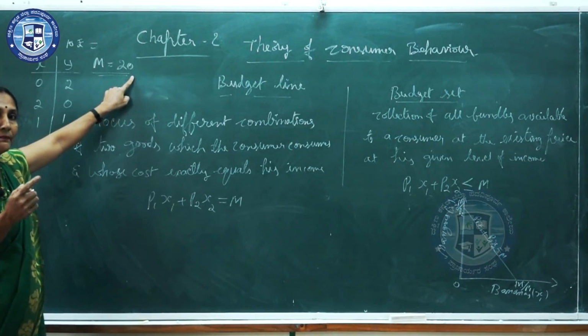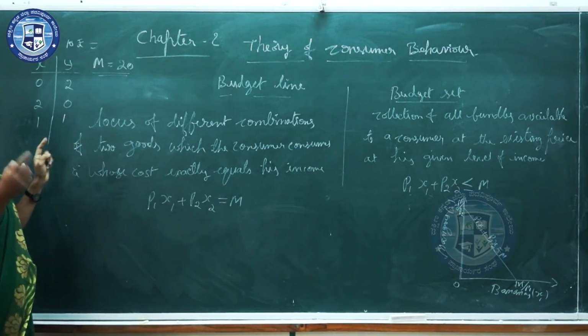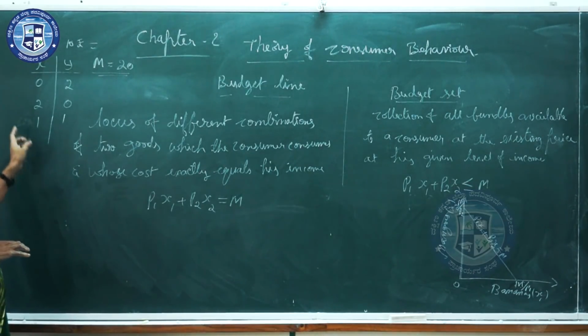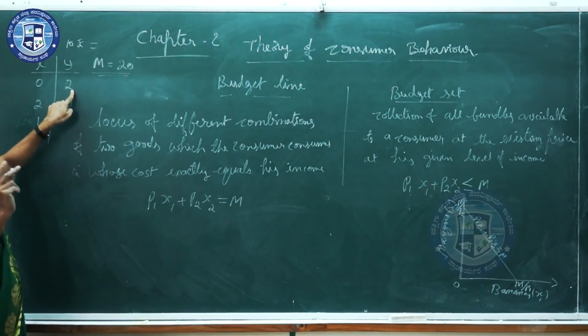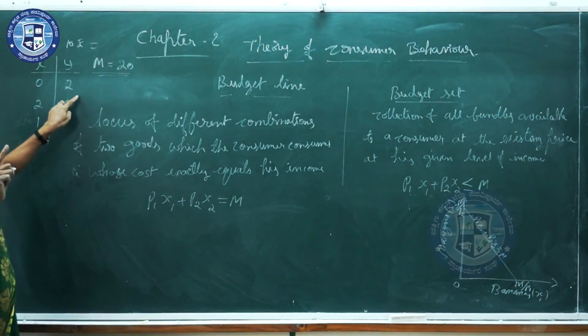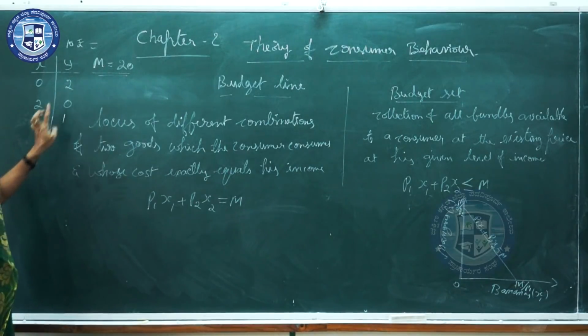So he can purchase different combinations of the two commodities with his given income, where the cost exactly equals his income. If he is not purchasing commodity X, then he can purchase two units of commodity Y. That means 10 plus 10, which is 20 rupees.